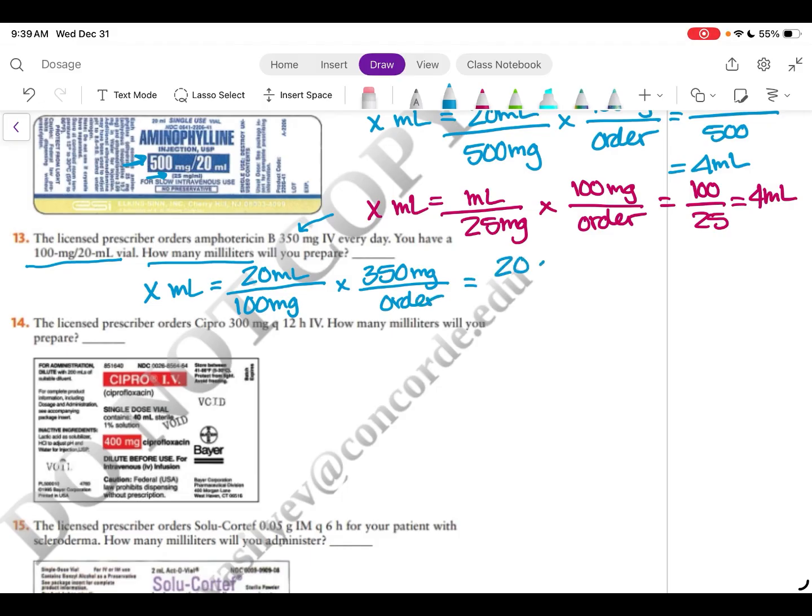So 20 times 350 over 100. I get 70 as my answer.